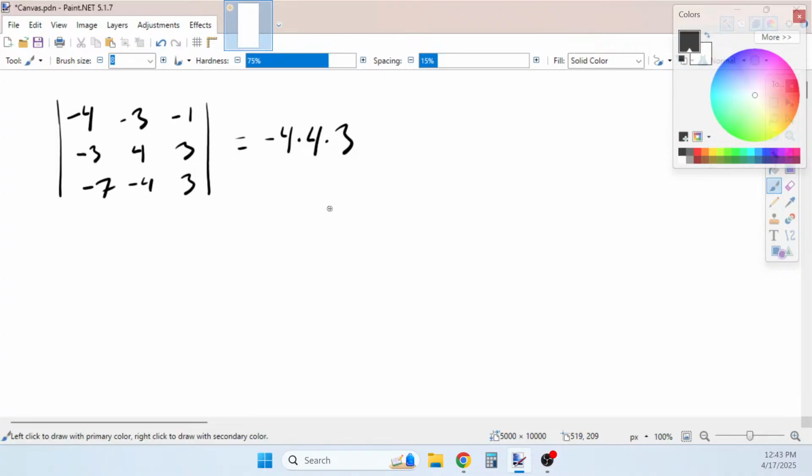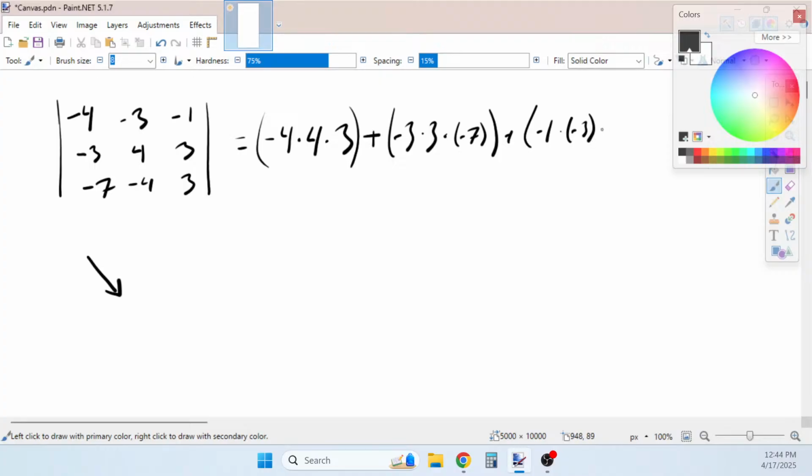Next one we'll do will be -3 times 3 times -7. The last of the positive products, the ones that go down to the right, will be -1 times -3 times.